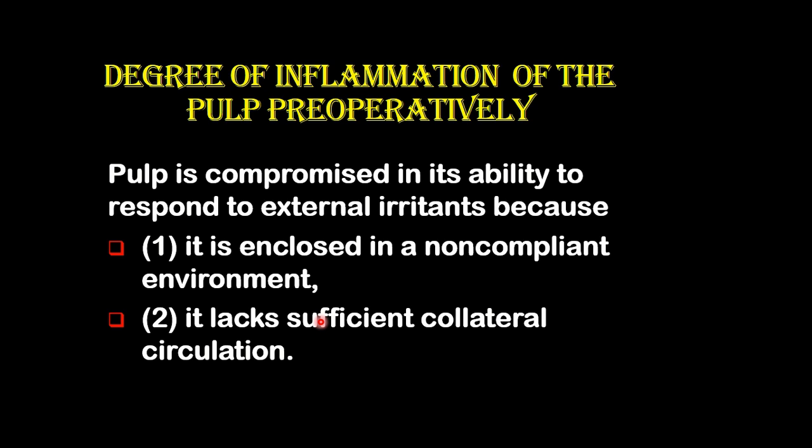Apart from this, it also lacks sufficient collateral circulation. As we know, the pulp arterioles are end arteries and thus they do not have sufficient collateral circulation. So our aim should be to cause minimal added irritation to the pulp so as to save its function.